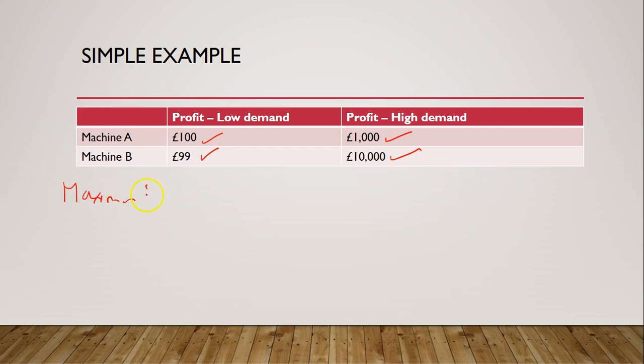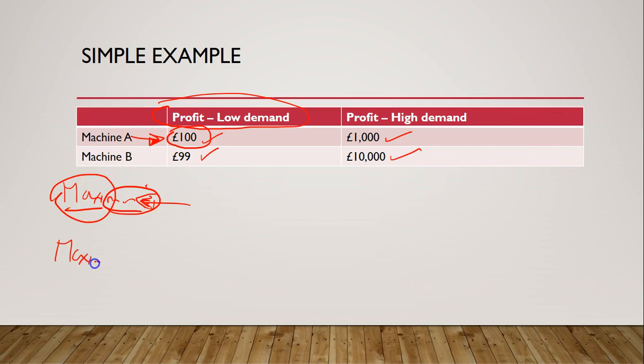Worst case scenario, I'm going to have low demand, and I'm going to pick the best of those. So I'm going to maximize my minimum lot, if you like, in life. To maximize it, he's going to go for £100 because that's the greatest figure. So he's going with machine A.